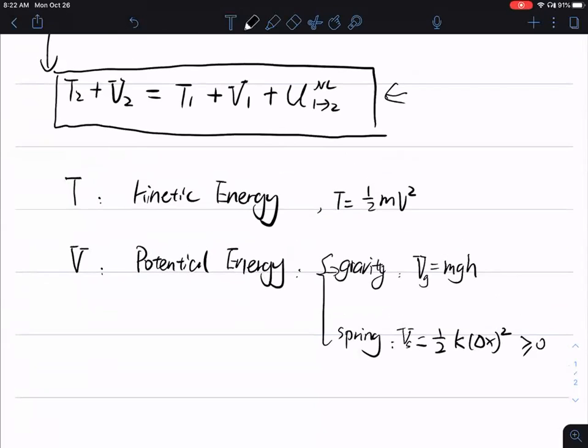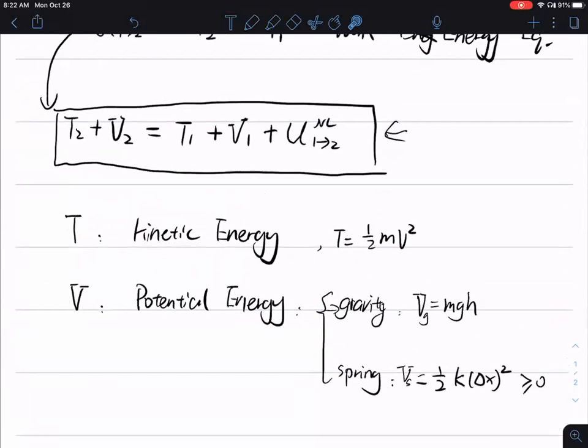Now you can see that under potential energy, we have 2 different types. So how do we calculate V1 or V2? V1 is the potential energy at position 1.